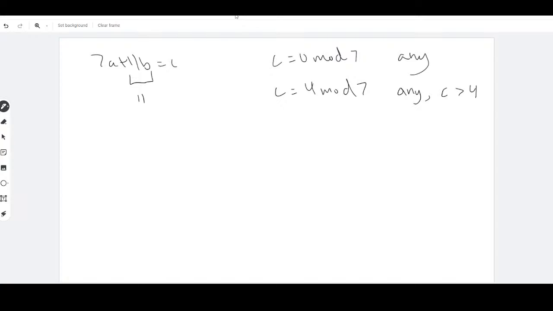And then from all of the mod 7s, you want to look for the largest minimum that C cannot be. And then the largest C that there cannot be, that's going to be our answer. Also plus 1, because we neglected the plus 1 from earlier. Okay.